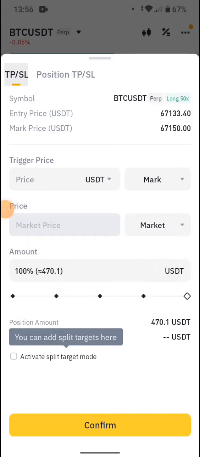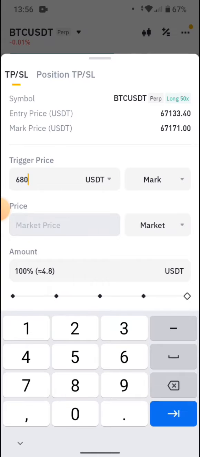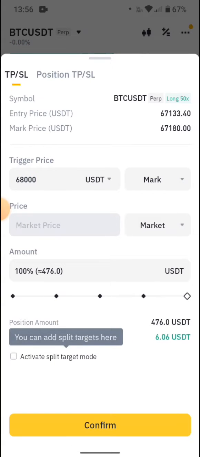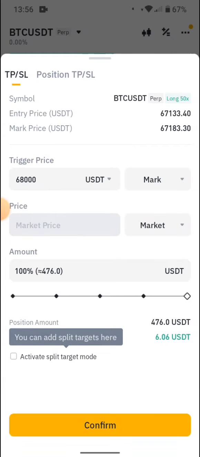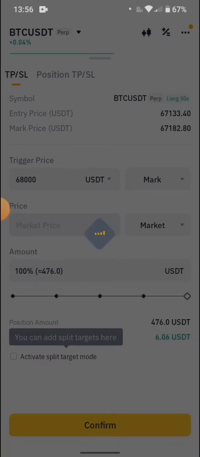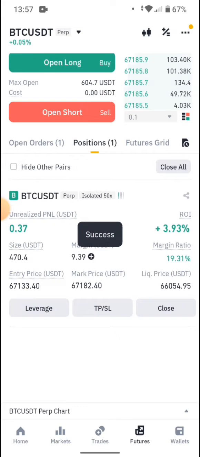If you want to set your take profit, all you need to do is enter when Bitcoin reaches 68,000. When Bitcoin reaches 68,000, you want to take profit. You are going to see the amount of profit you are going to make, 6.606 USDT, if the price of Bitcoin reaches this one. You just tap Confirm.